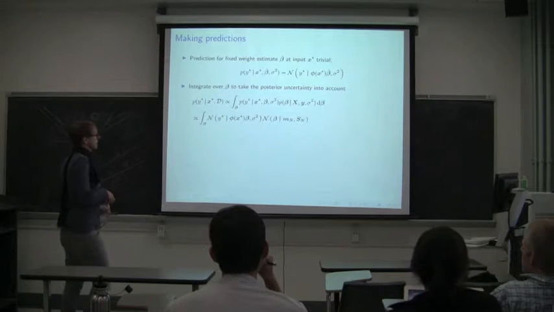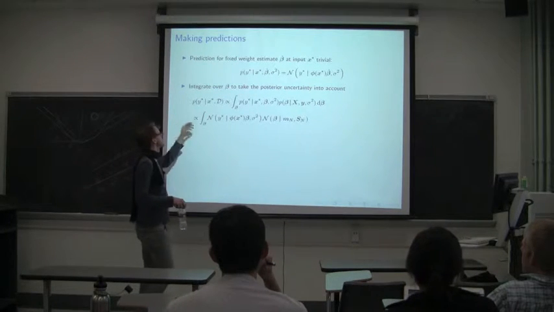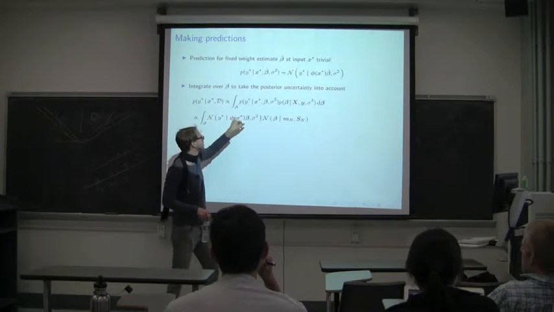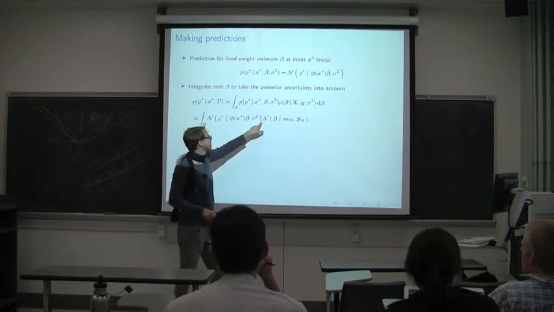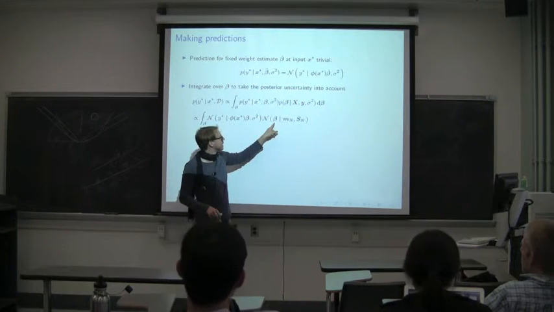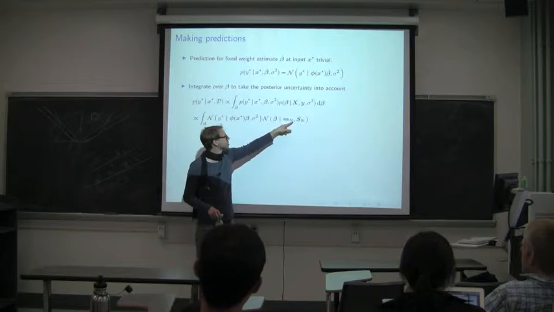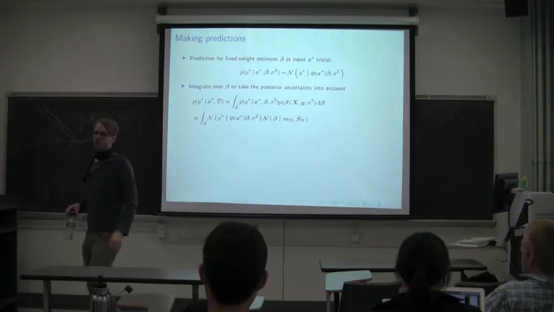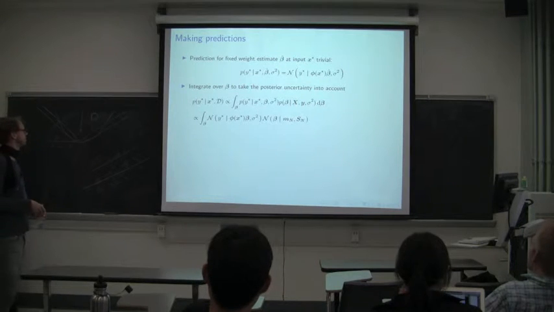And we said that this is now the likelihood for the test data, just plugging that in. And now it's the integral over the posterior, where we just gave you the formulas for the mean and the covariance of that posterior.